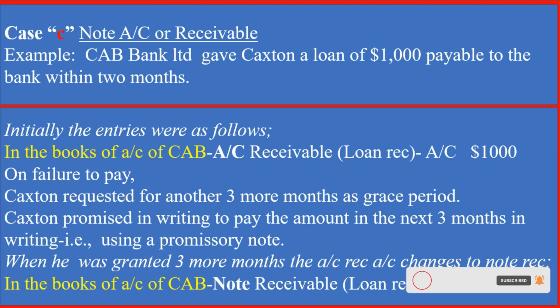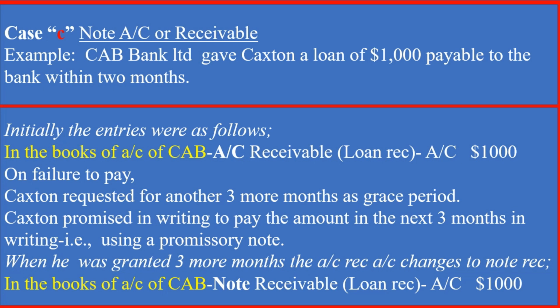So Caxton makes a promise in writing using a promissory note. So a note account or a note receivable account arises when this request is granted by the lender or by the seller of goods on credit.